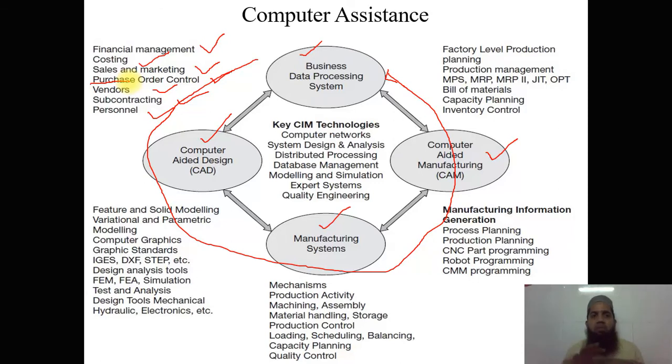So this department keeps the record of the orders, the purchases, the different vendors, and subcontracting and personnel also. This department handles all the front office jobs, meaning it has a relation with the outside people, and it always keeps records.